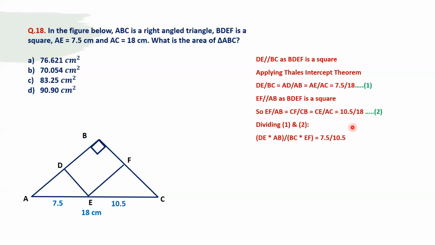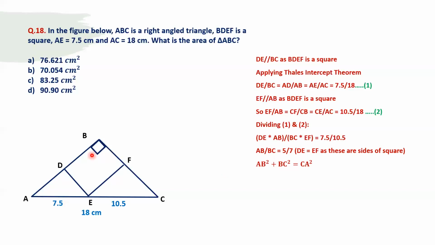So 7.5 divided by 10.5 because 18 will cancel out. Now, if you solve this further, you will find that DE and EF are equal. Why? Because DE and EF are the sides of the square, so they are equal. So they will cancel out. The only thing remaining is AB by BC. And if you solve this, this is 5 by 7. So AB by BC is equal to 5 by 7.